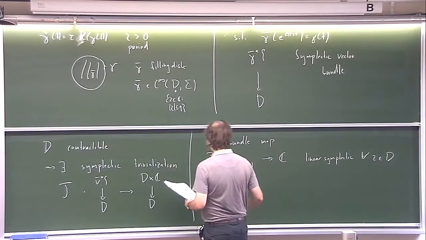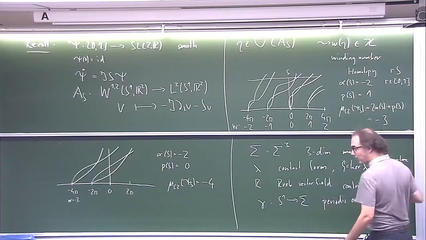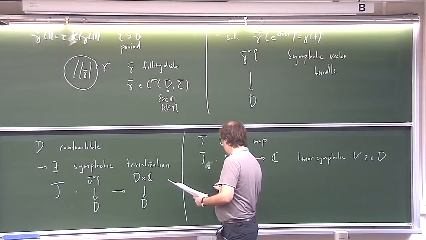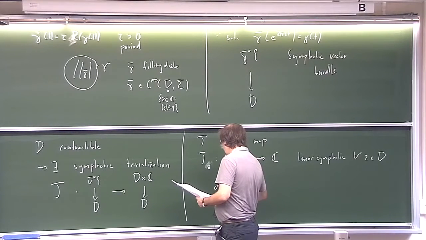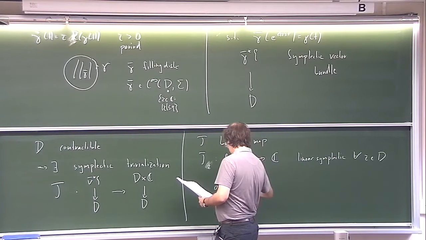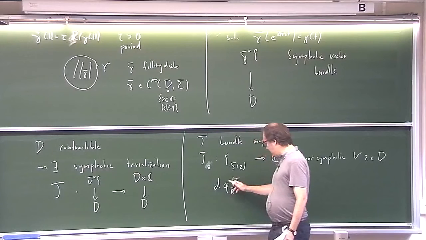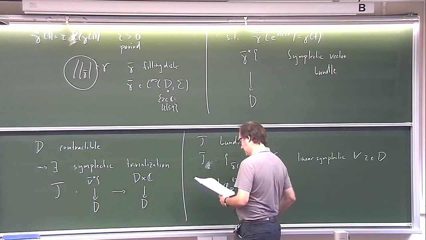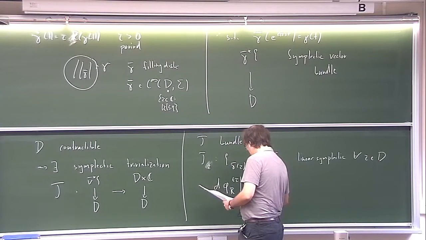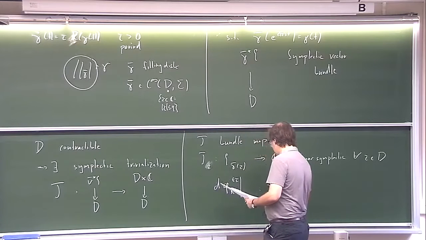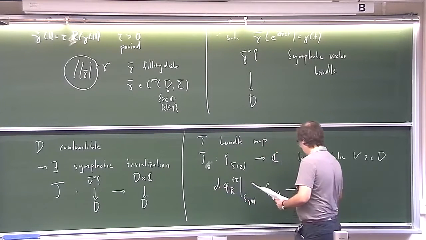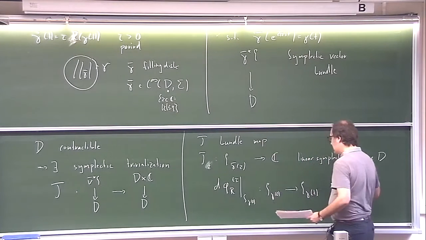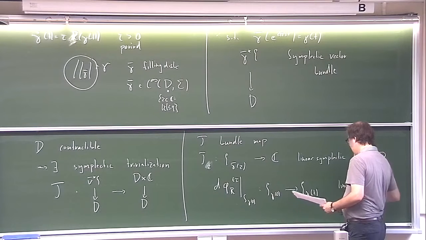And now, because gamma is a periodic Reeb orbit, if we look at the differential of the flow, and if we restrict this to psi gamma 0, so this goes from psi gamma 0 to psi gamma t, and this is linear symplectic.